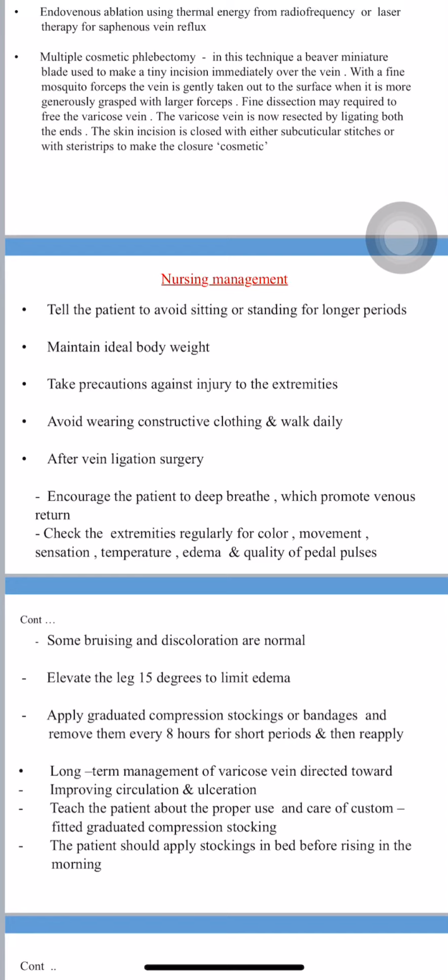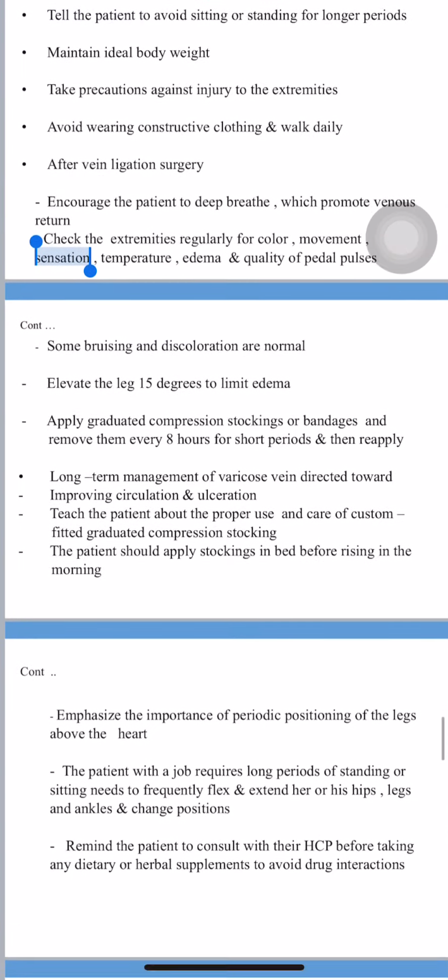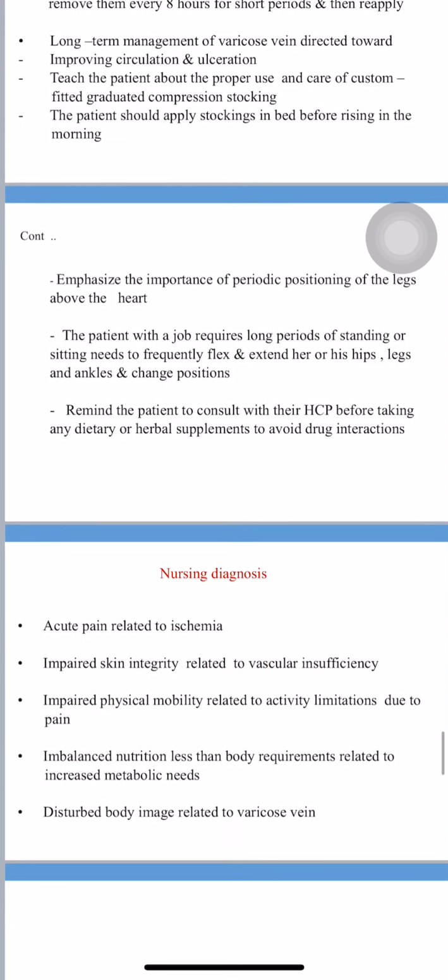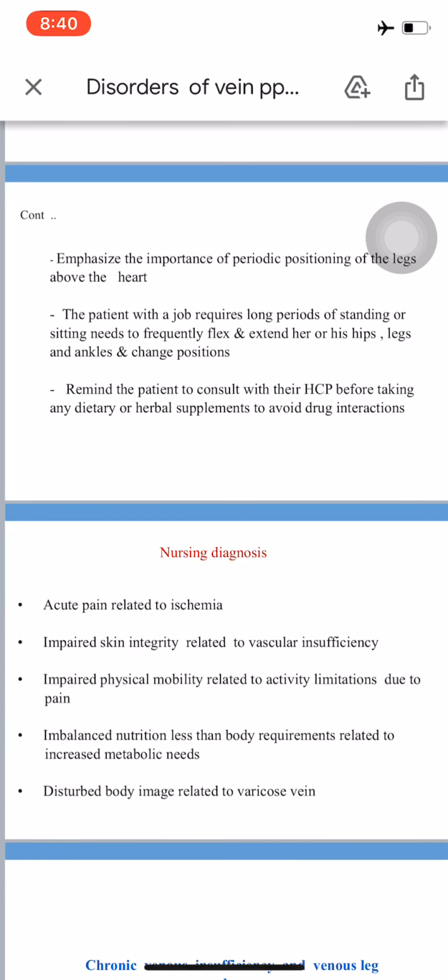Long-term management of varicose veins is directed toward improving circulation and preventing ulceration. Teach the patient about the proper use and care of custom-fitted graduated compression stockings, and the patient should apply the stockings in bed before rising in the morning. Emphasize the importance of periodic positioning of the legs above the heart.